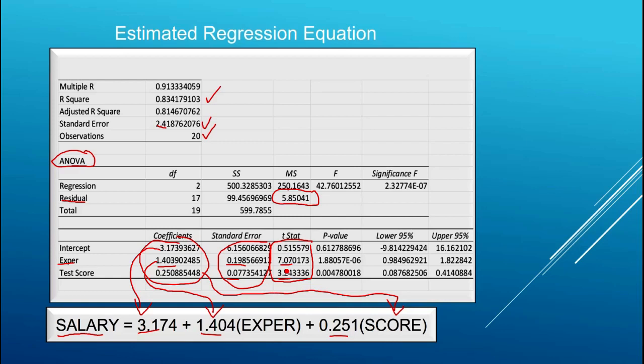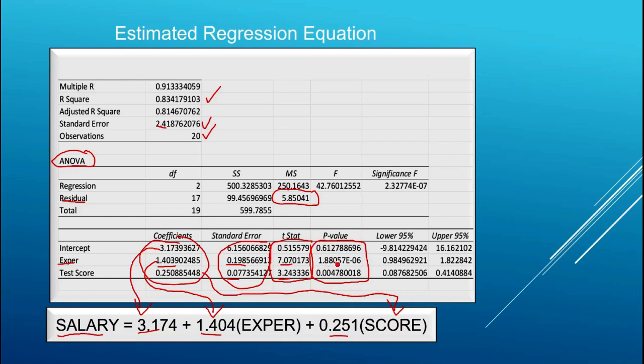So this t-statistic is used to test the null hypothesis that the coefficient is equal to 0 against the alternative that it's not equal to 0, that two-tailed test. So this p-value is consistent with a two-tailed test. That's the two-tailed test that we talked about in the last video. Nothing has changed here.